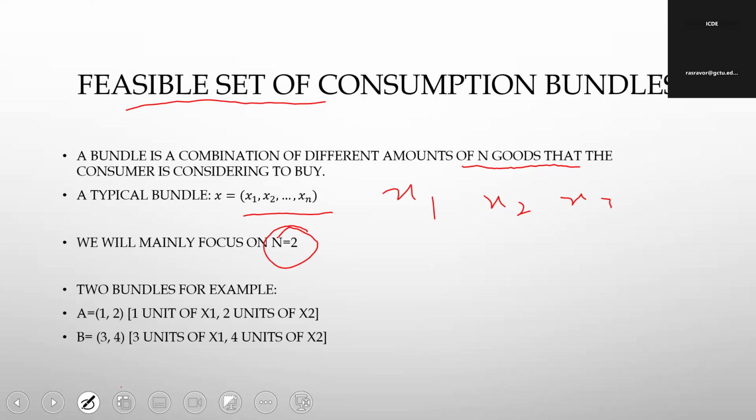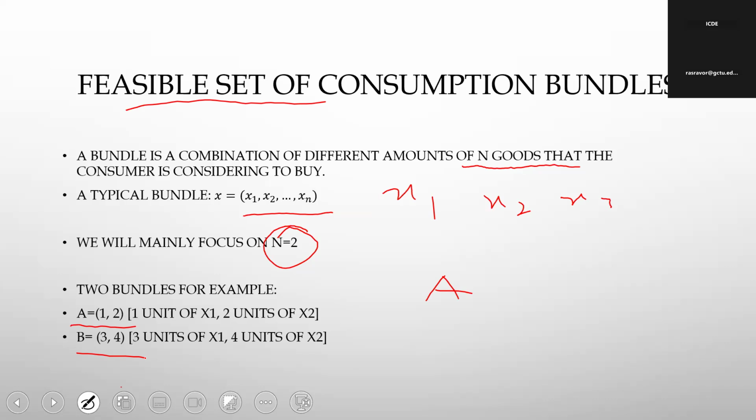So for example, if I give you A as 1, 2, it means I want 1 unit of X1 and 2 units of what? X2. If I do B like this, 3, 4, I want 3 units of X1 and 4 units of what? X2.